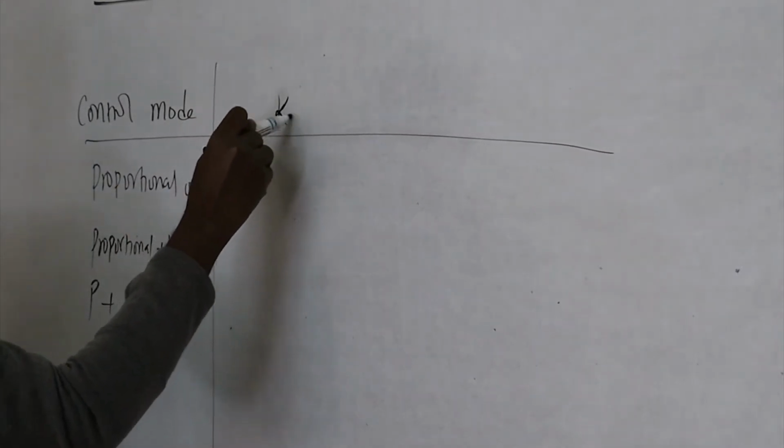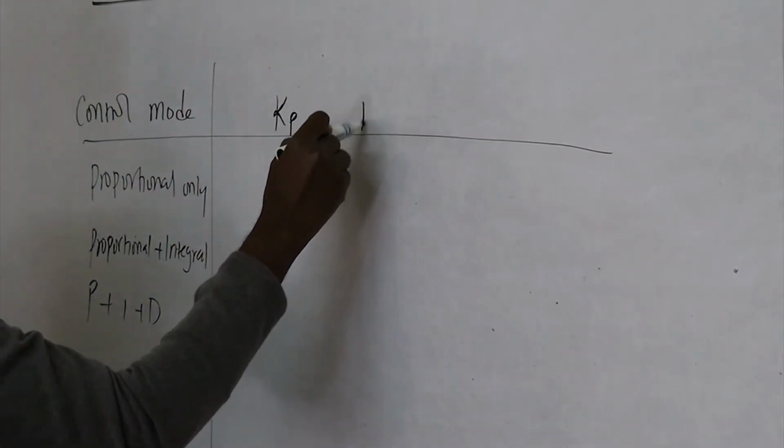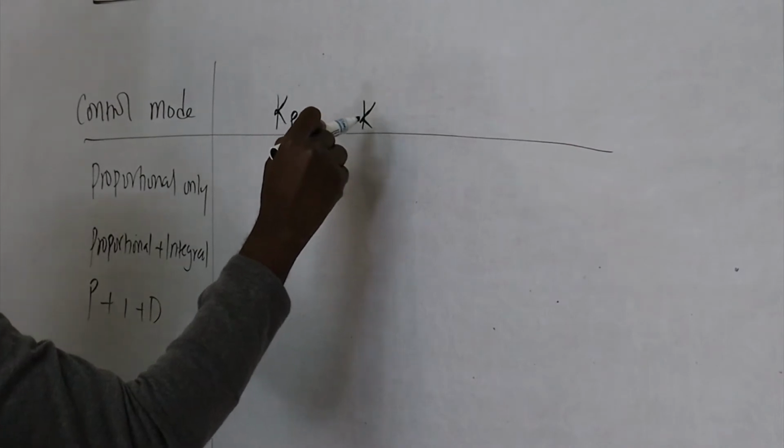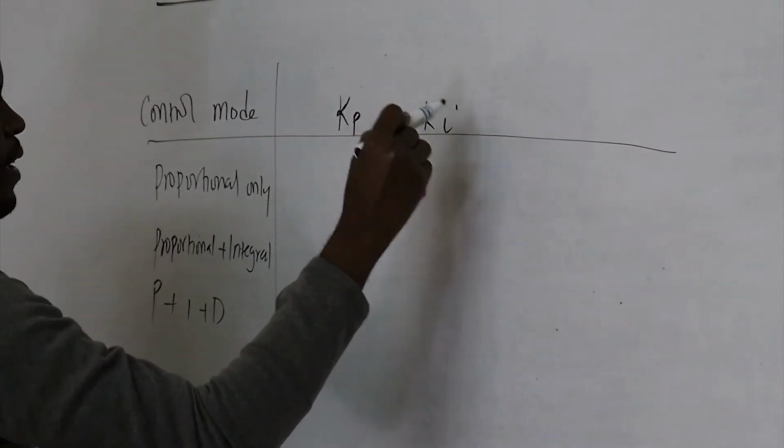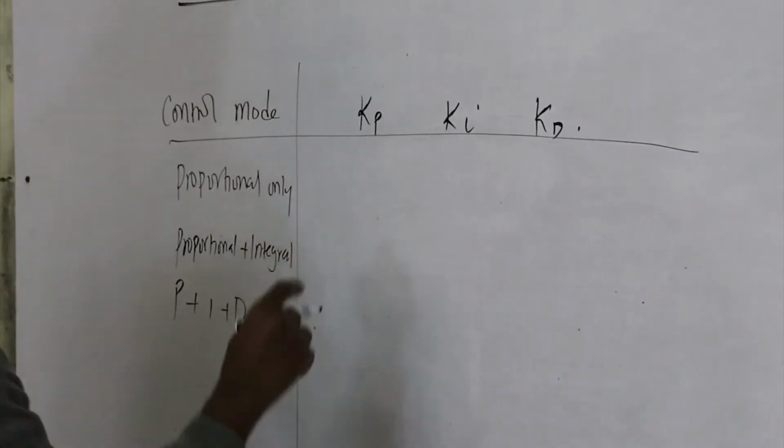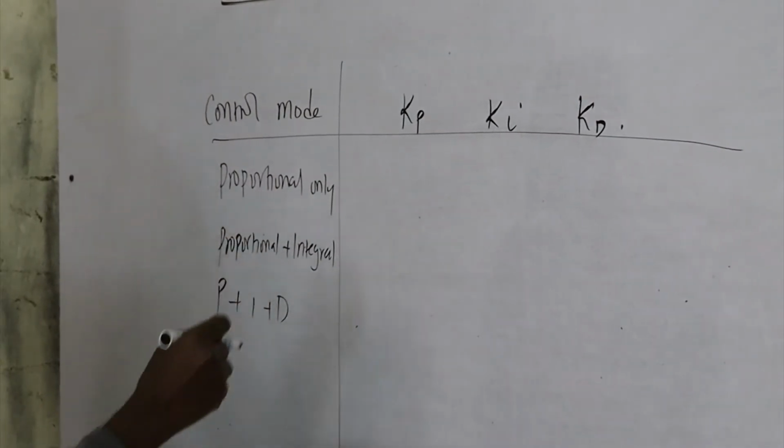Here we have the various constants, that is Kp, Ki, and Kd.